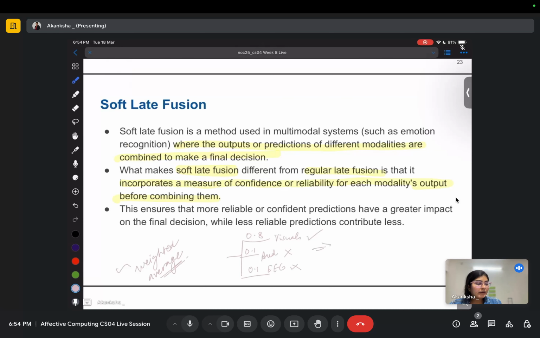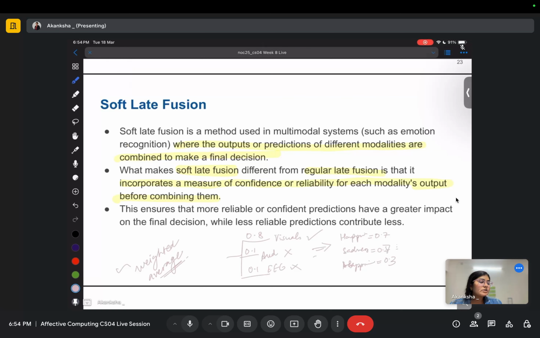So whenever this visual model is telling you that I predict happiness with a score of 0.7, and audio is saying I predict sadness, and this is also saying happiness with a lower score.